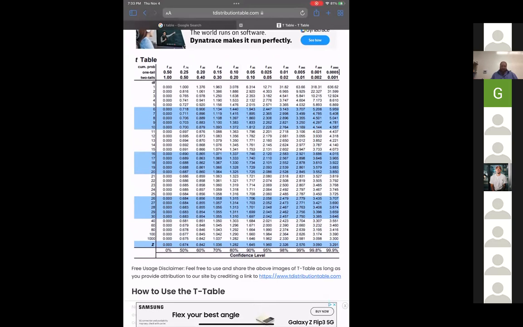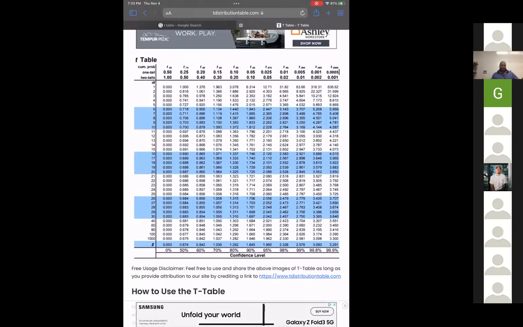Right above it, the first line on the bottom is your Z. And what do we see? 1.960, which is expected, correct? Well, as you move up the column, what happens to those numbers? They get larger. And if you look on the left side of the table, the numbers there get smaller. In other words, working backwards, as the numbers on the left get larger, T star approaches Z star.